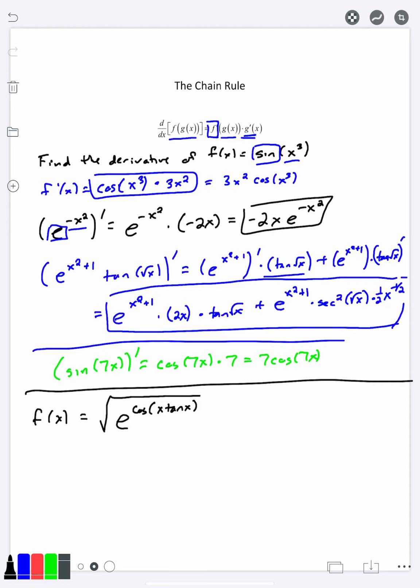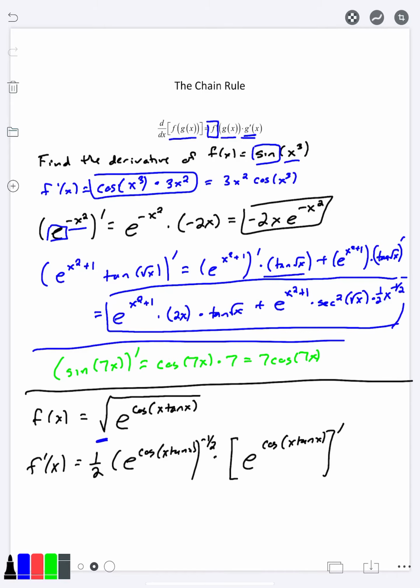So the most outside function is square root of something. And we know that the square root of something goes to 1/2 times the same something to the negative 1/2. Then we're going to multiply by the derivative of the inside part.